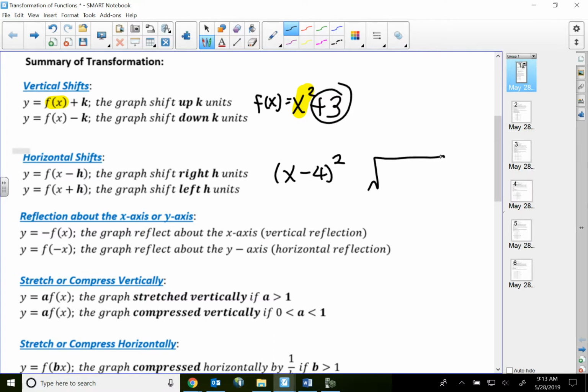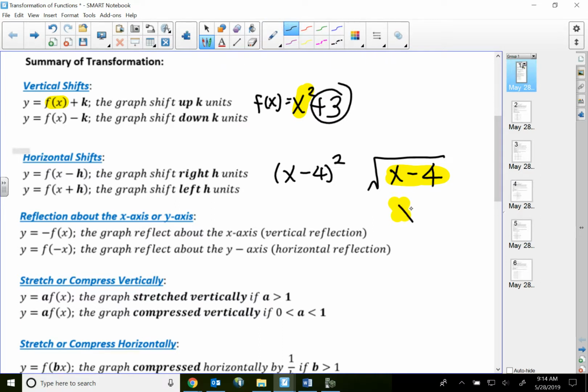Just like the square root function. To know where the domain will begin or end, I asked y'all before to set what's inside the square root, or radical, equal to 0. So you will know where the function will begin or end. That is also talking about the horizontal shift. If you set it equal to 0, then x is equal to 4.